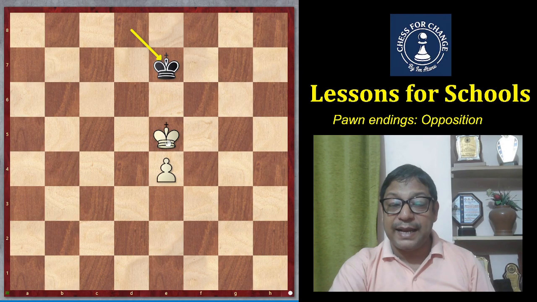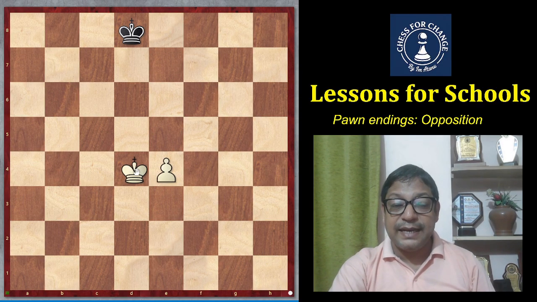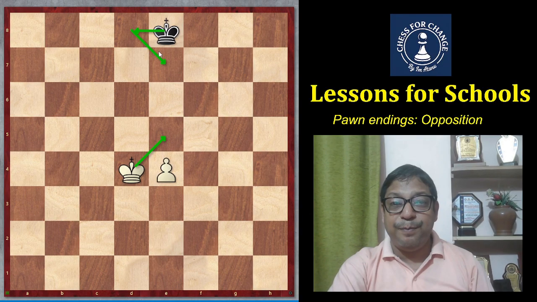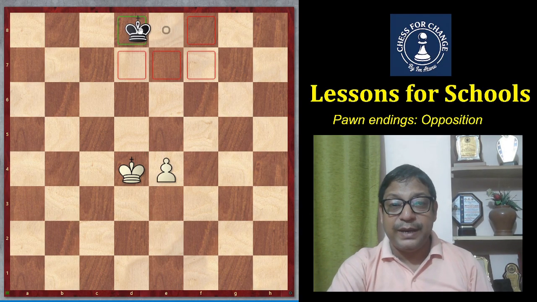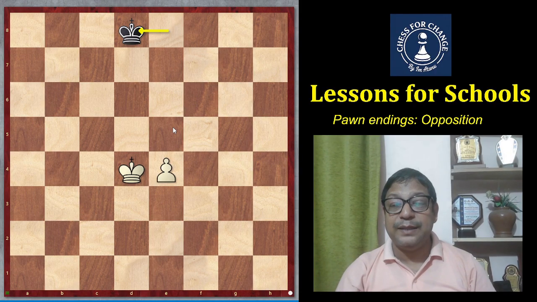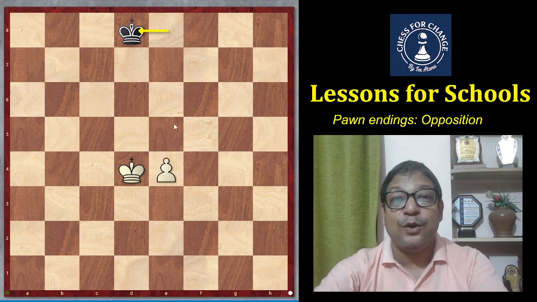With white to play, black has the opposition. If the white king comes up this way, black's king would go to this square. So the way for black is simply wait sideways and wait for white to make the move first. So this is how we gain opposition.